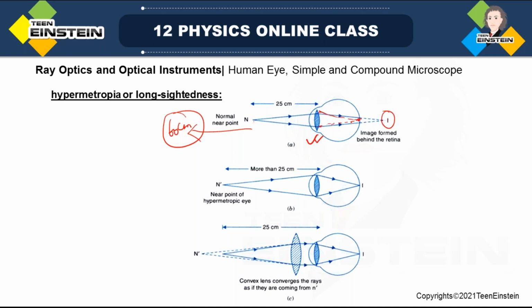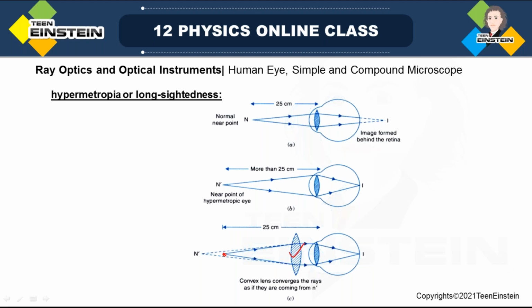so that a real image will form on the retina. For that you need to use another converging lens outside, the correcting lens over here. Look here, this is the correcting lens, and the procedure is the same. Suppose this is the near point from where you cannot see.